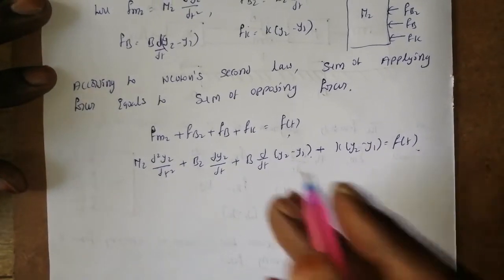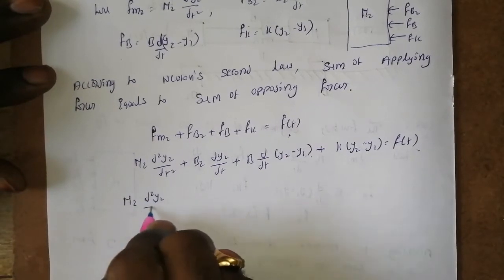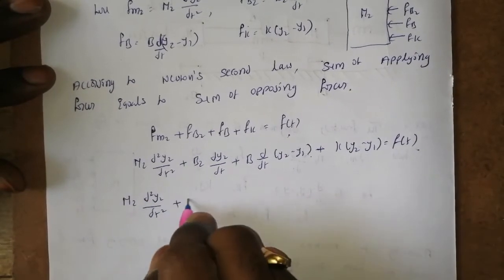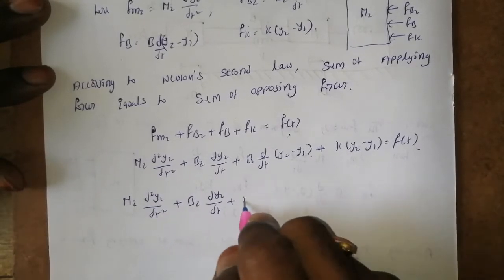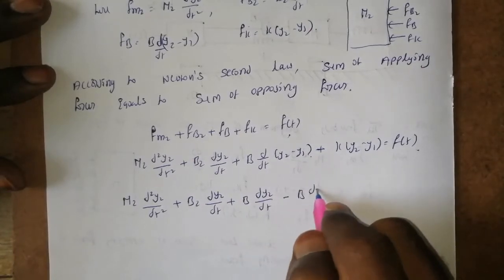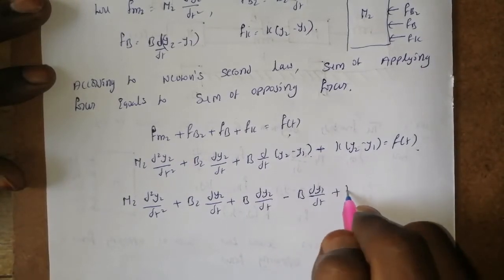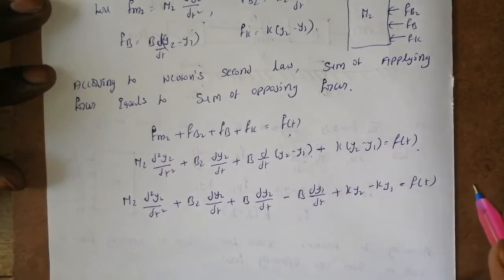If you expand this equation, you get m2 d square y2 by dt square plus b2 dy2 by dt plus b dy2 by dt minus b dy1 by dt plus ky2 minus ky1 equals f of t.